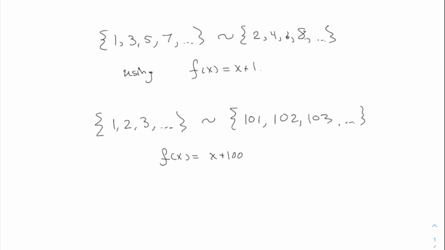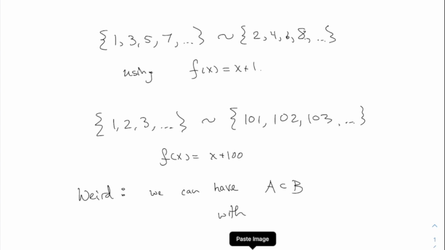This is strange because the one on the right is actually a subset of the one on the left. The one on the left includes all these elements that are on the right, plus some more, 100 extra elements. But I will just say this is weird but true. We can have A a subset of B with A and B having the same cardinality.